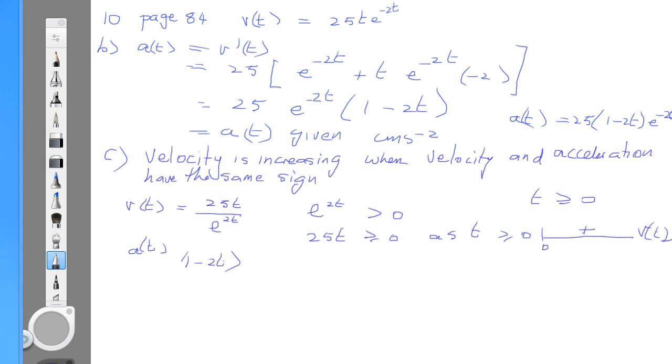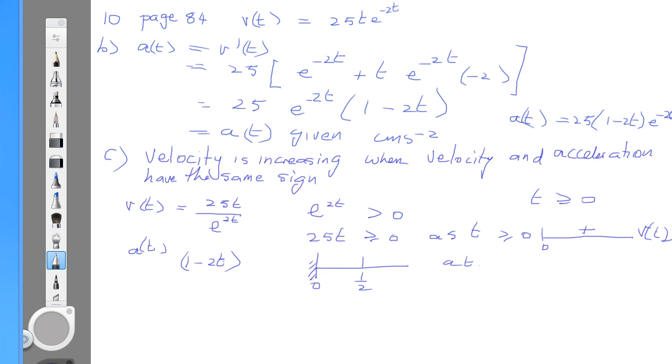The other two are both positive. If t equals a half, then the acceleration function will be 0. T is greater than or equal to 0.